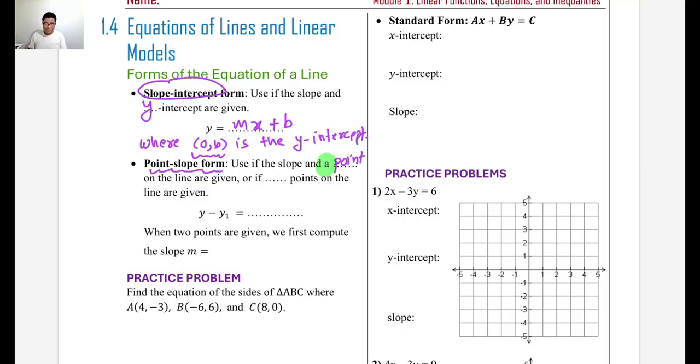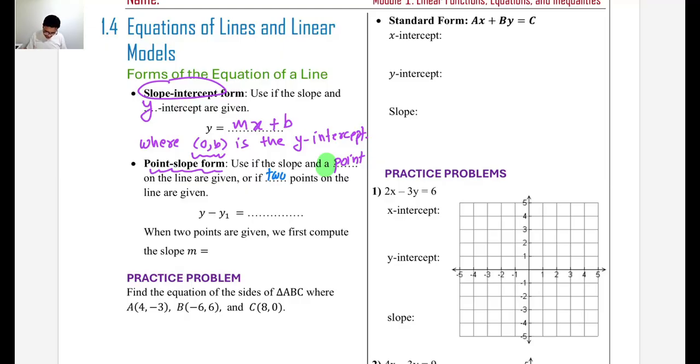Use it if the slope and any point on the line is given. Or, by the way, you can also use this if 2 points are given. Why? Because if you have 2 points, you can compute the slope, then use one of the points and the slope, and you have your point slope.